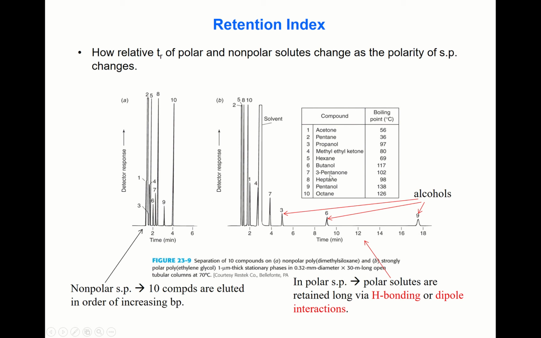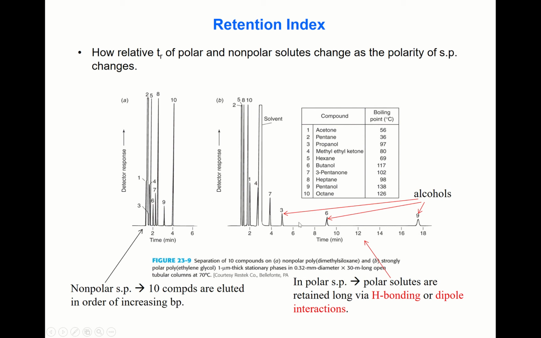Seven, 3-pentanone, is also polar, and 8, heptane, is completely non-polar, and 9, pentanol, is a polar molecule, and 10 is octane. Roughly, here are the boiling points. So the elution was done in order of increasing boiling points.